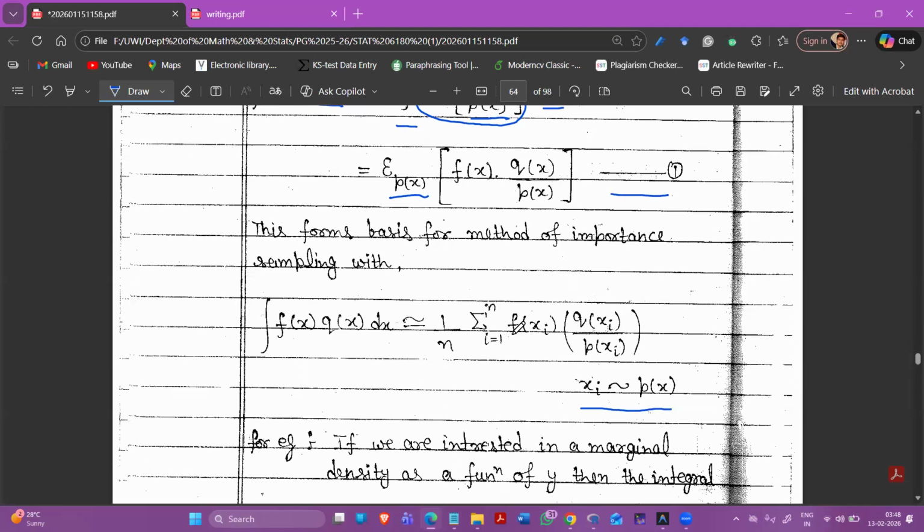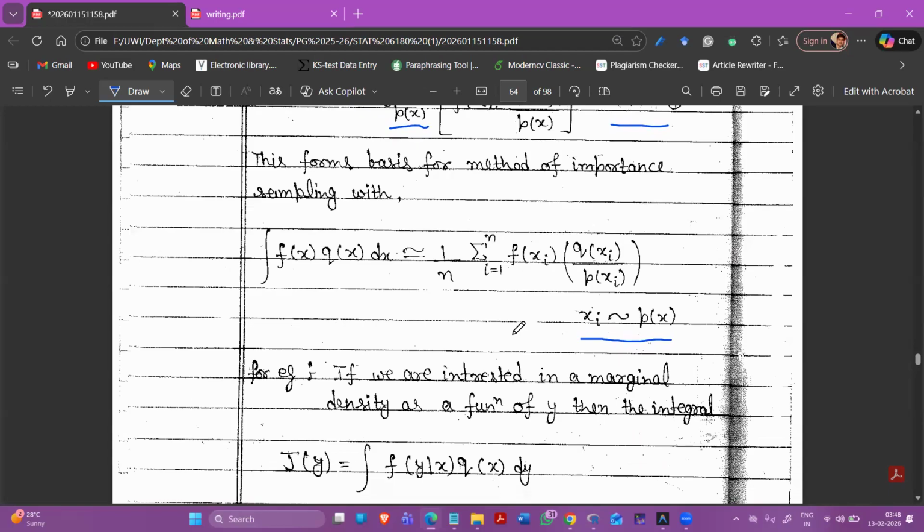Okay, so that will be equivalent to your integral of f(x) into q(x) dx.